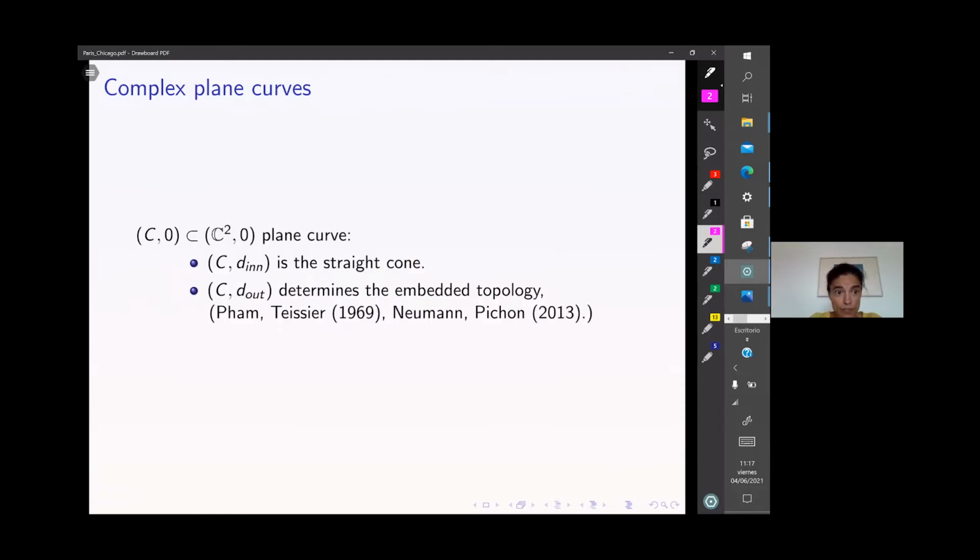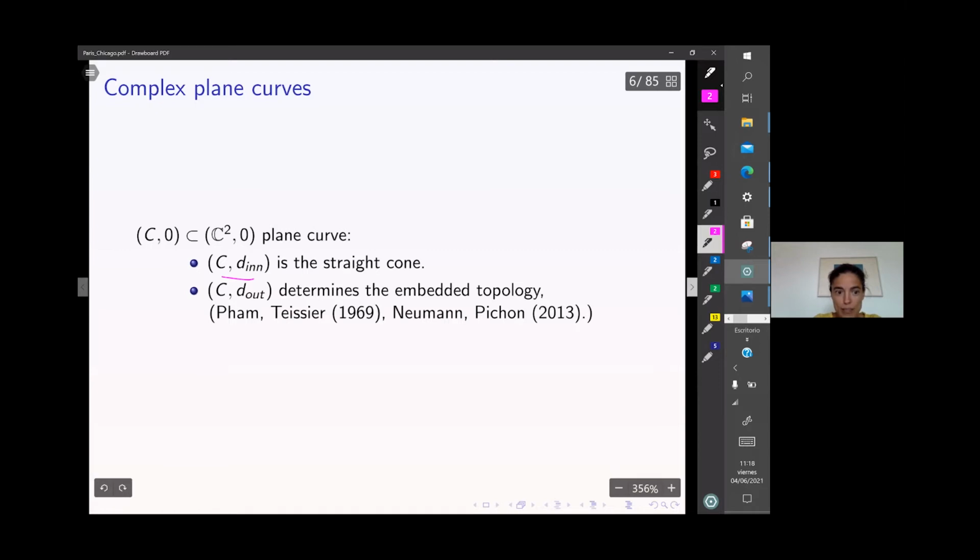For the case of complex plane curves, we know that, for example, with the inner metric, any curve germ is Bilipschitz to a straight cone, and for the outer metric, a curve germ with the outer metric is equivalent data to the embedded topology.